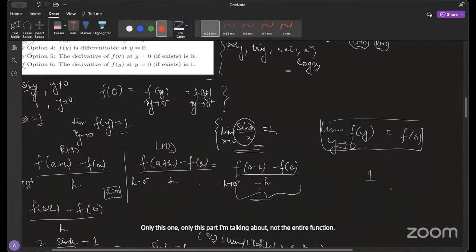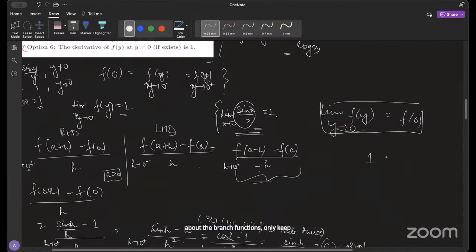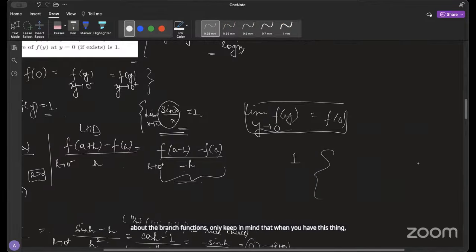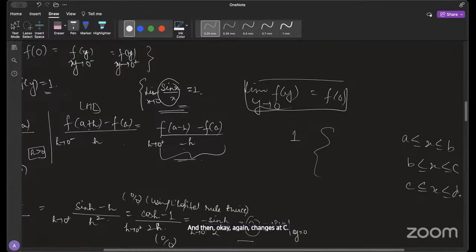About the branch functions, only keep in mind that wherever your branch breaks, if you have this thing, and then it changes here, and then again changes at C, then you check at these points. This point is to worry about, this point is to worry about, and then this one. All the other points you don't have to worry about.